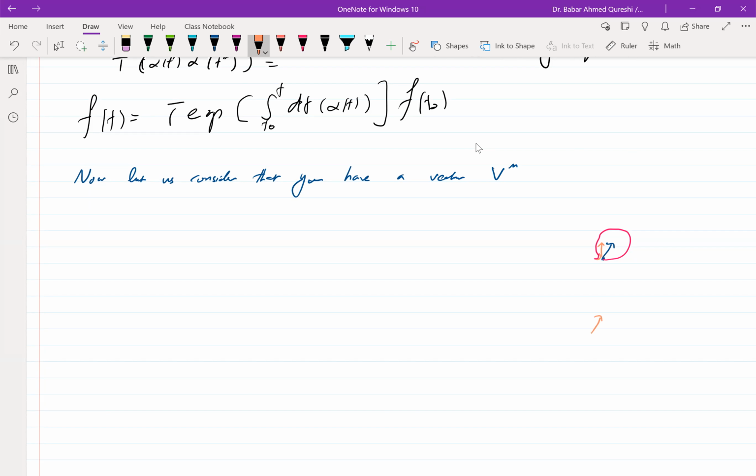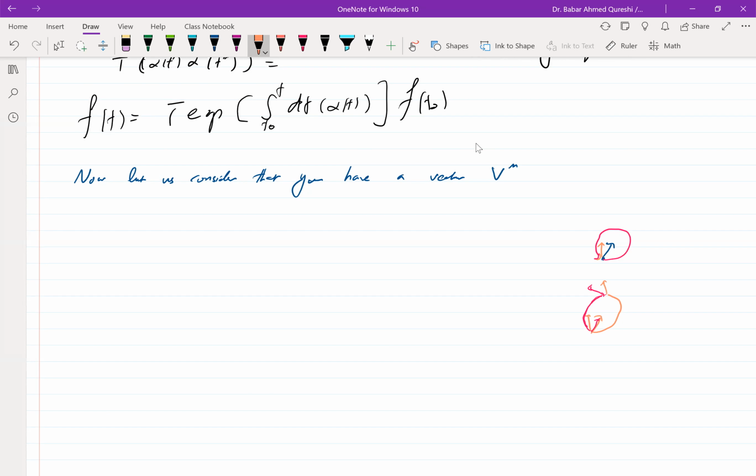Because if it doesn't come back to itself, I can also see it this way: I take it here and I get this one, and I take it from here to here and I get some other one. When I reverse this path, I'll get this one, because I had come here from there. But if I bring it here, the orange one, it will end up at some other vector.